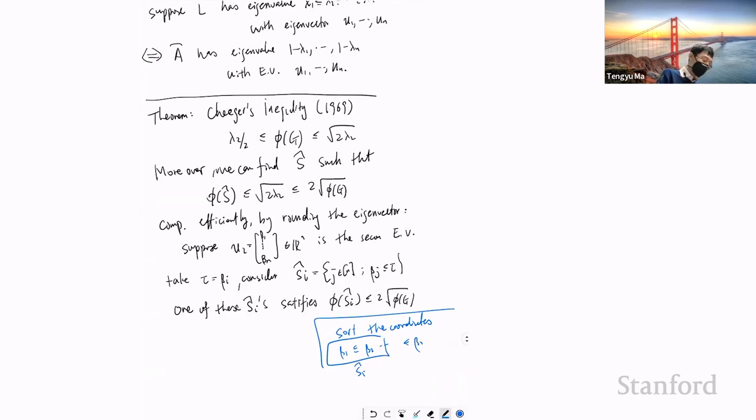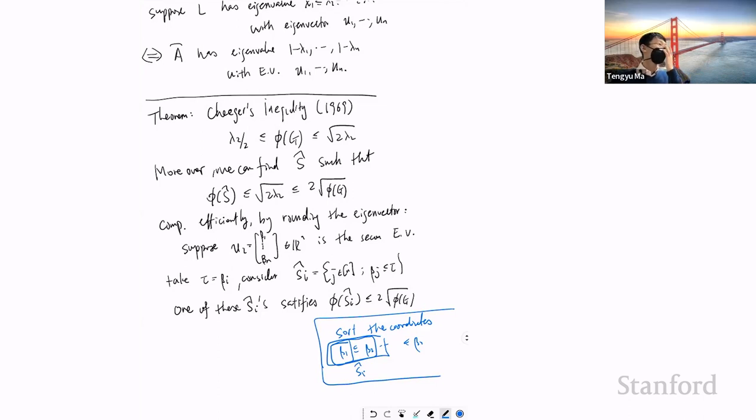You can try one cut like this, another cut which is beta 1, beta 2, and another which is beta 1, beta 2 up to beta i. One of these cuts will be a good cut on the graph with small conductance. Of course, you have to remap the coordinates back to the original coordinate system because you have sorted the coordinates. But this is the main idea.